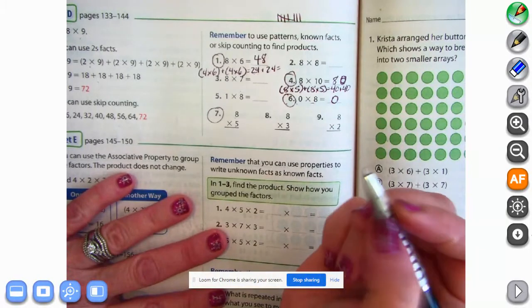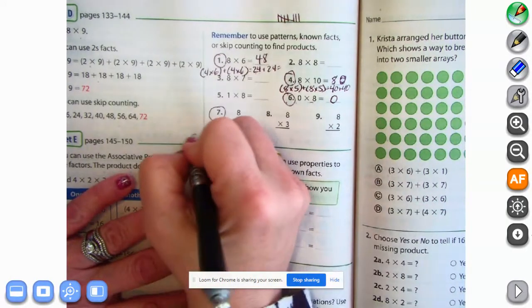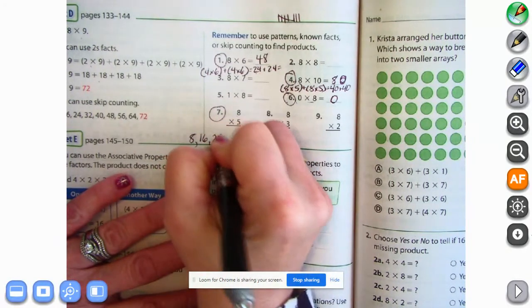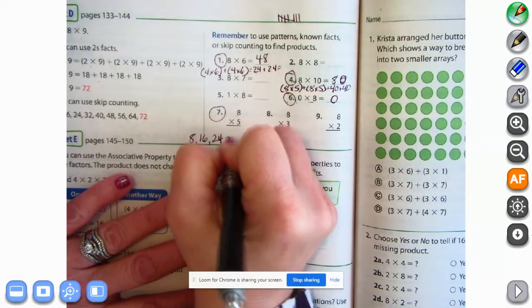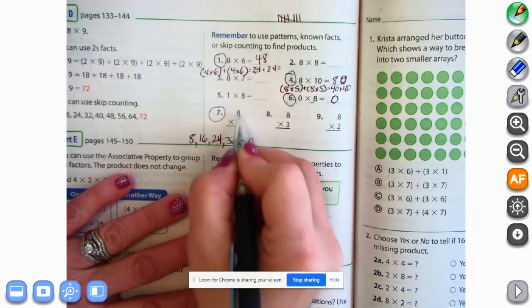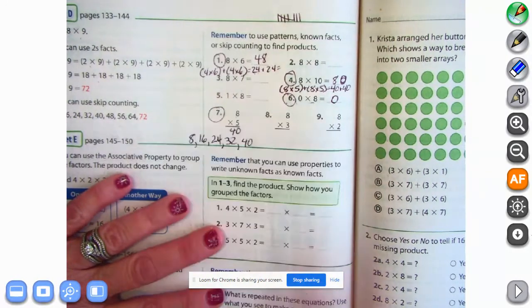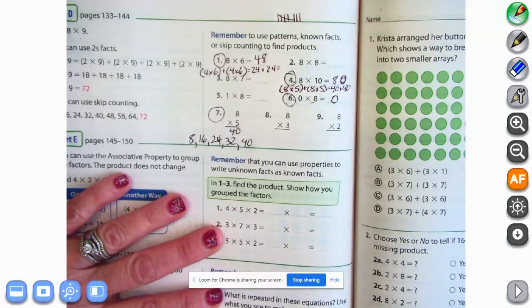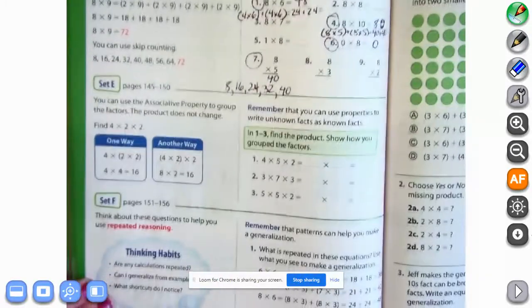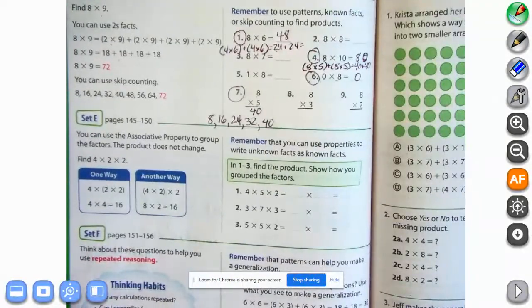Let's do skip counting. 8, 16, 24, 32, 40. 1, 2, 3, 4, 5. All right. Go ahead and make sure you have all of that written down for section D.